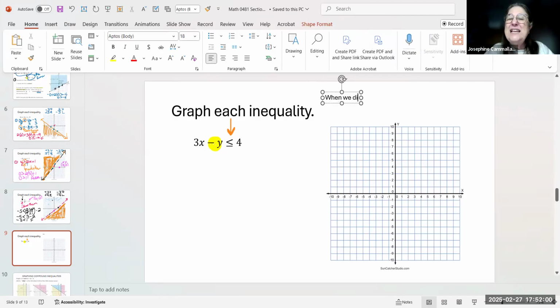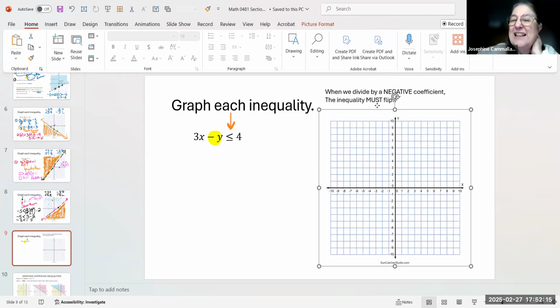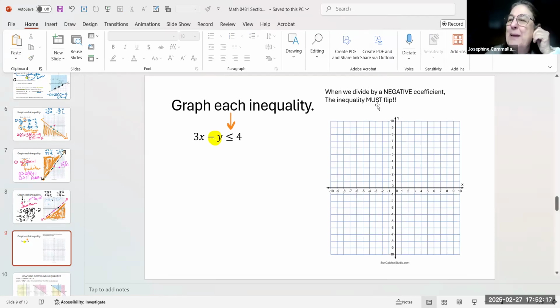When we divide by a negative coefficient, the inequality must flip. Remember that little detail? Well, it's coming back to haunt us.